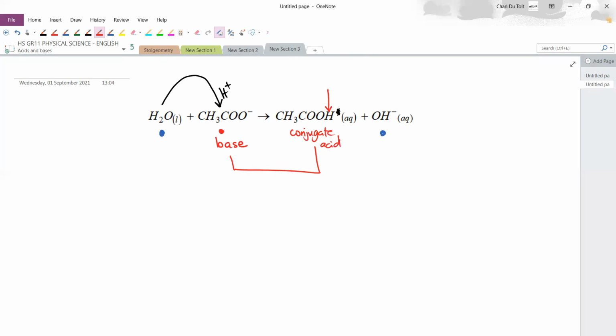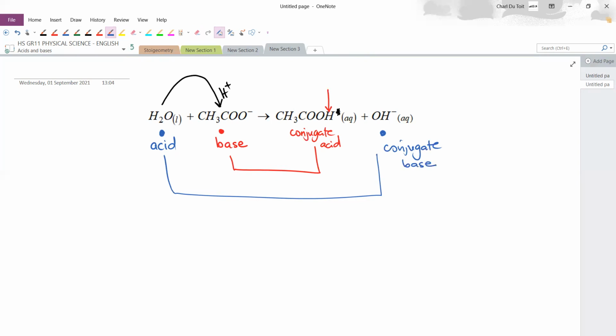So the water is called an ampholyte. Ampholyte means it can be either a base or an acid. This is the acid, and this becomes a conjugate base.